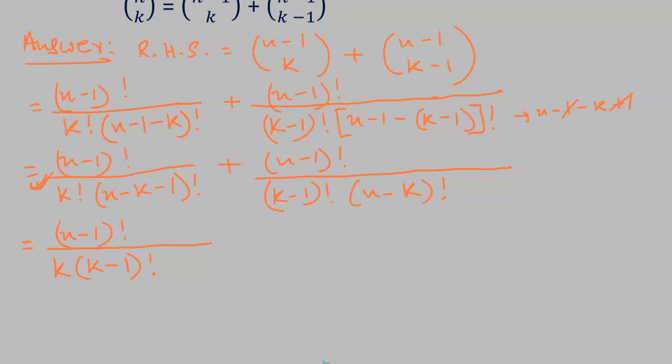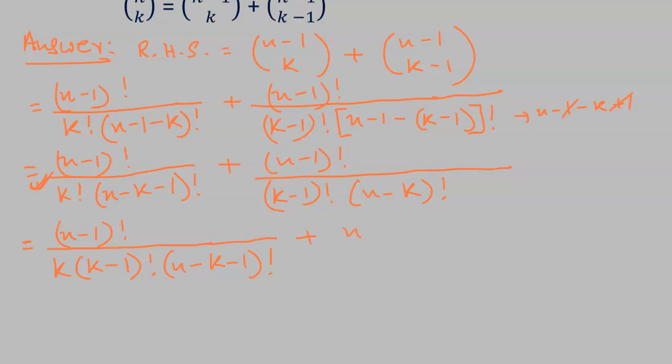Okay. So k factorial, between k and k minus 1, k is the larger number, so I am expressing k factorial in terms of k minus 1 factorial. And n minus k minus 1 and n minus k, so n minus k will be the larger number, therefore we keep the n minus k minus 1 as it is. Okay.